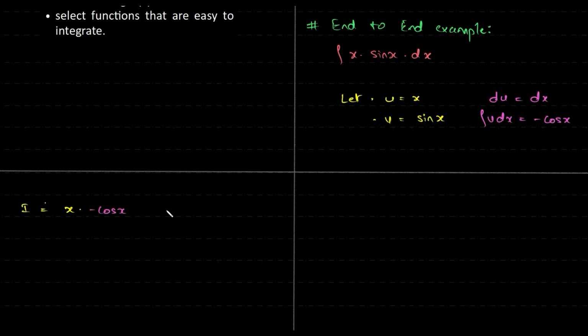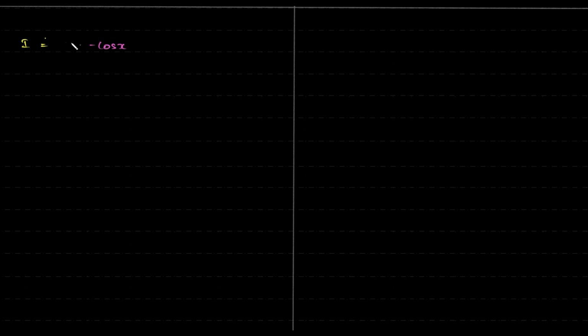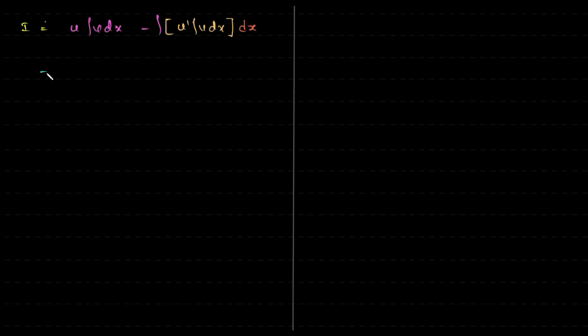Not writing the formula, let me actually write it out, it makes it easier to understand. So we have u times the integral of v dx, minus the integral of, I'll open the brackets, u prime times the integral of v dx, and we have dx at the end. So this is clearly just x, and this is minus cos of x, agree, minus the integral of, so this is 1, and the integration of v dx was minus cos of x dx.